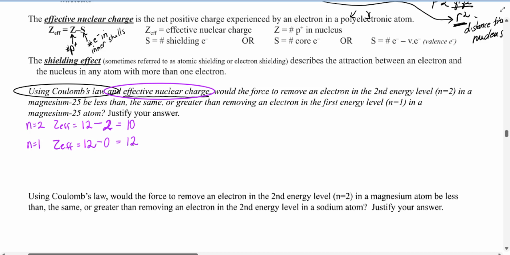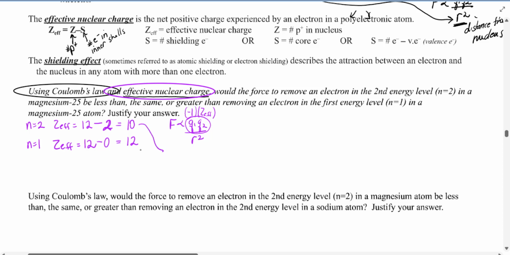All right, and as far as Coulomb's law is concerned, we're now going to base it on effective nuclear charges, Q1, Q2 over R squared. But right now we're going to base it just on charges. Our Q1 is a -1 for an electron because that's what we're removing, an electron, and Q2 is our effective nuclear charge, which is going to be Z eff.